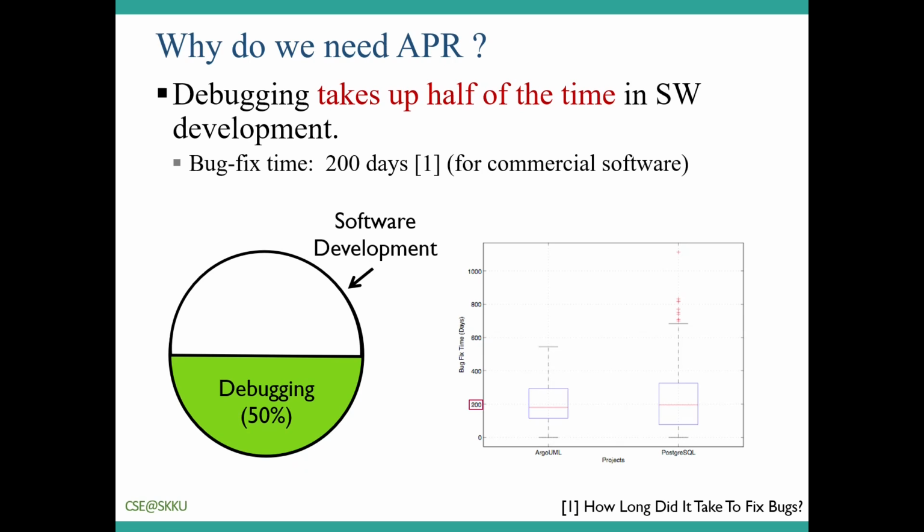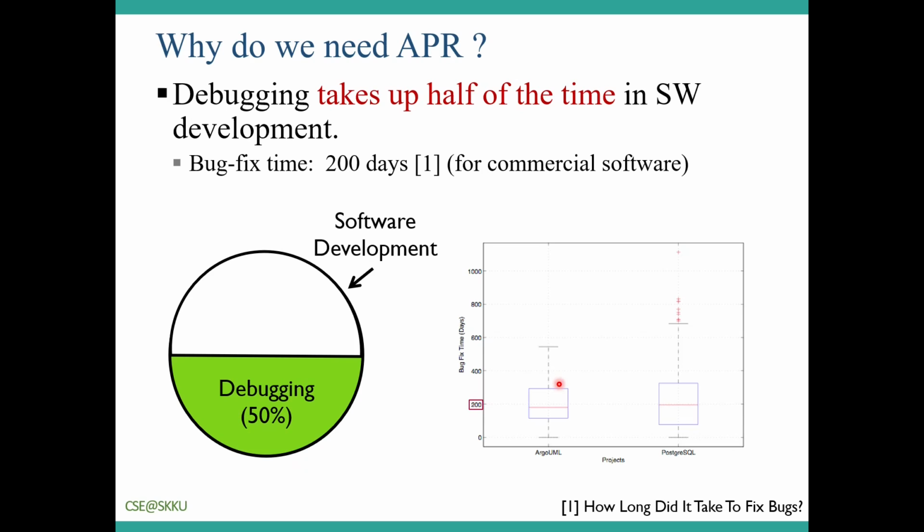So in this box plot, the x-axis lists software like ArgoUML and PostgreSQL, while the y-axis shows how long it takes to fix bugs. The size of each box represents about 50% of the bugs, and as you can see, most are fixed within 100 to 300 days.